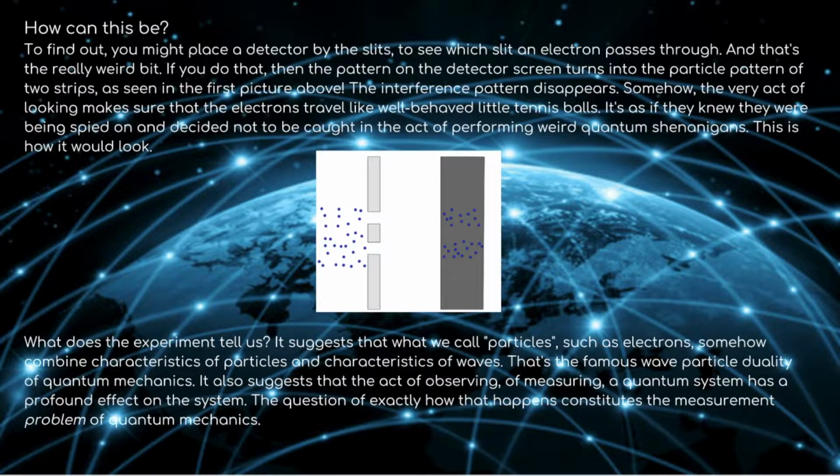That's the famous wave-particle duality of quantum mechanics. It also suggests that the act of observing or measuring a quantum system has a profound effect on the system. The question of exactly how that happens constitutes the measurement problem of quantum mechanics.